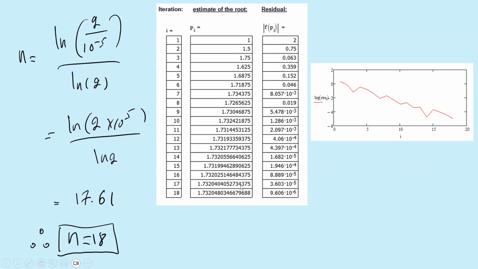This is not an acceptable root because it doesn't meet the criteria and the tolerance. For this reason, the correct answer is after 18 iterations, when the residual is less than the tolerance, and this is one of the roots of the function.